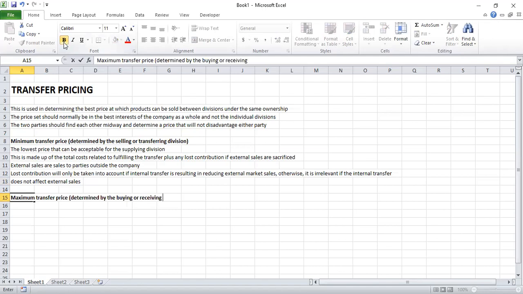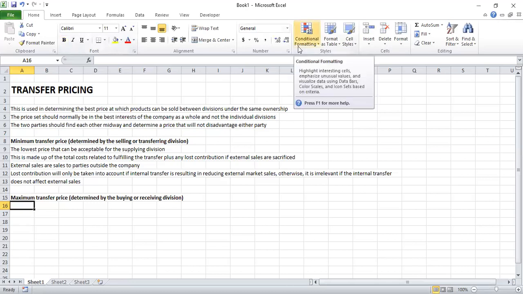In my example, we're talking about the furniture company. They are the ones who determine the maximum transfer price. So they'll say, guys, from the wood division, this is the maximum price. As long as your price is above this, we can't buy from you. So this is the highest price.